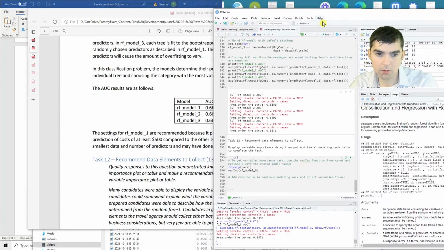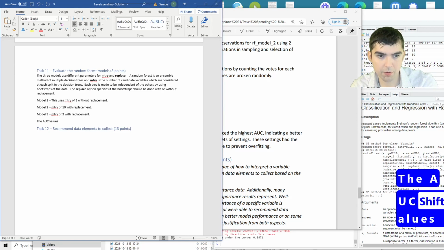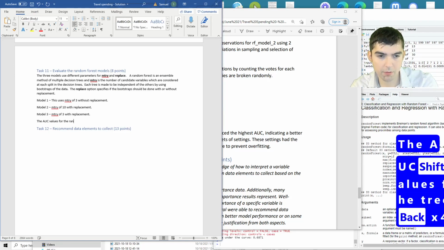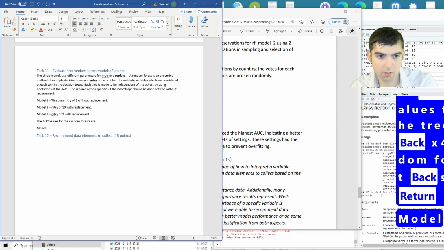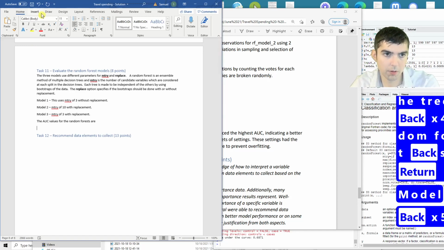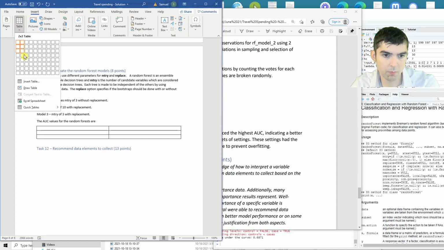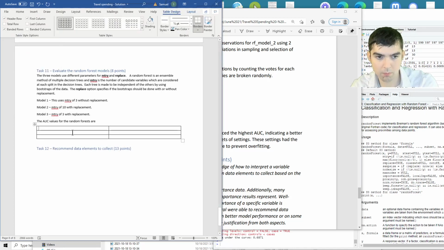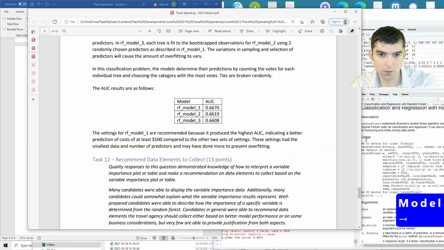So the area under the curve (AUC) values for the random forests are, let's put them in a table.